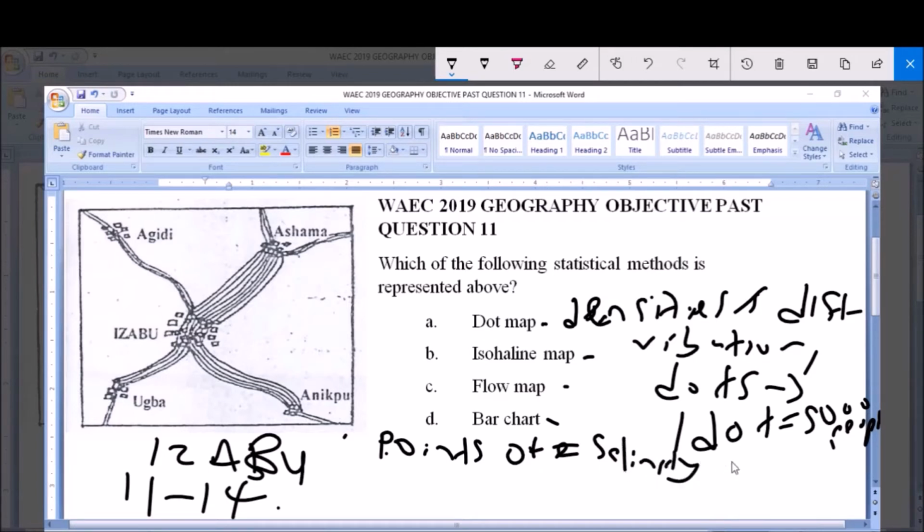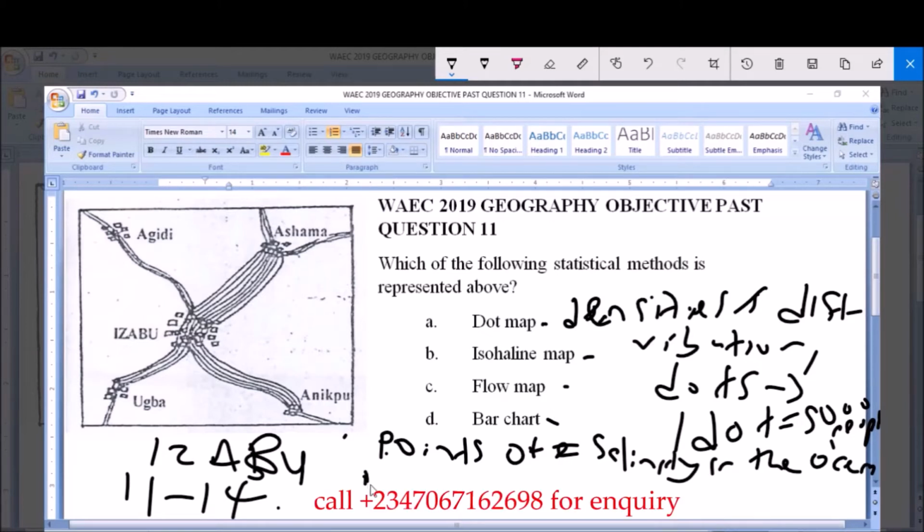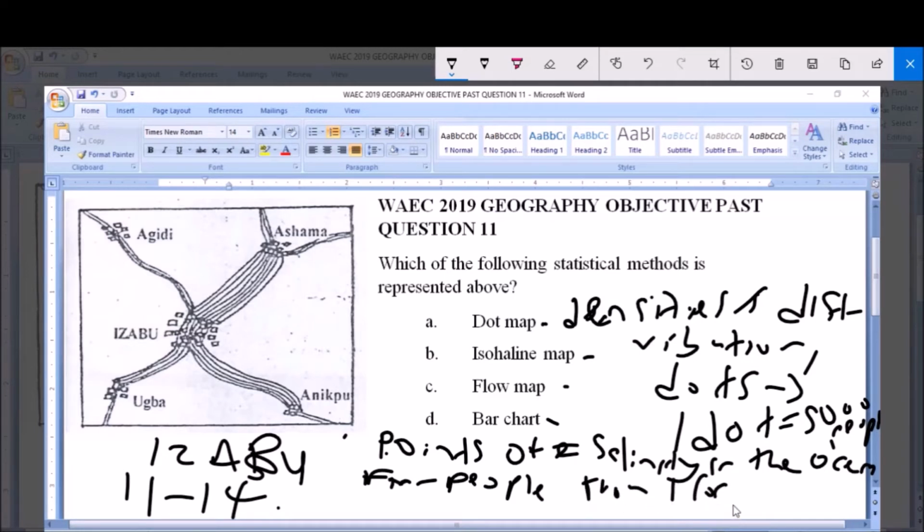Now, a flow map shows movement of people from one location to another.